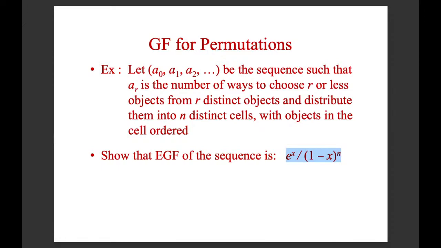Now, once we have this EGF, we can find the corresponding coefficient of x to the power r here, and then multiply the result. It is fairly easy, because each of the terms here is easy. This is e to the power x, and this is equal to 1 minus x to the power minus n.